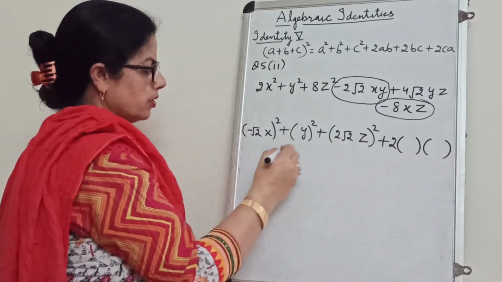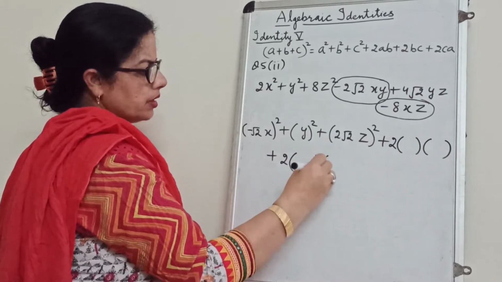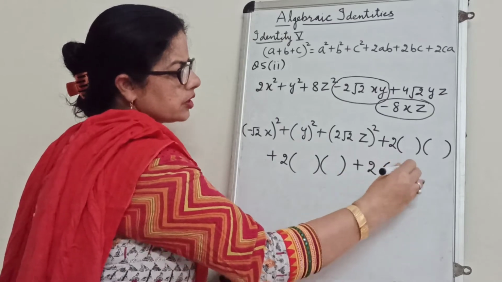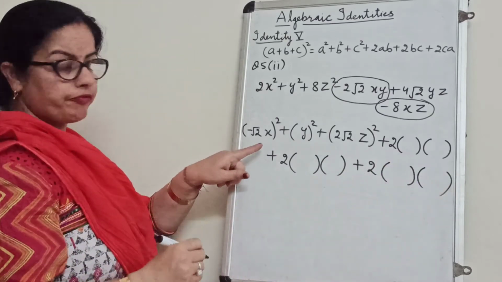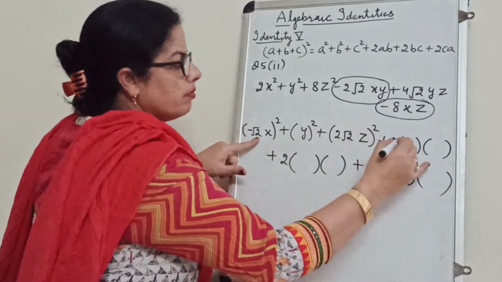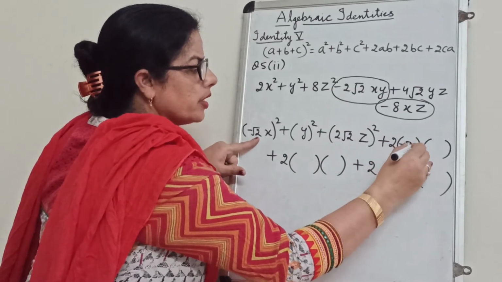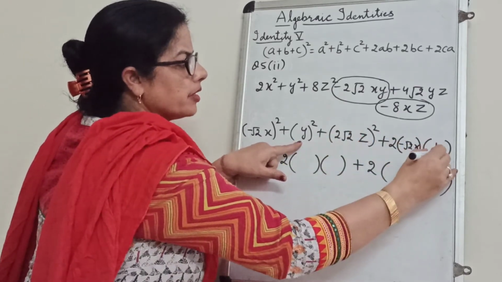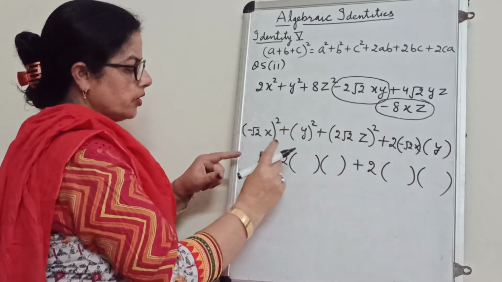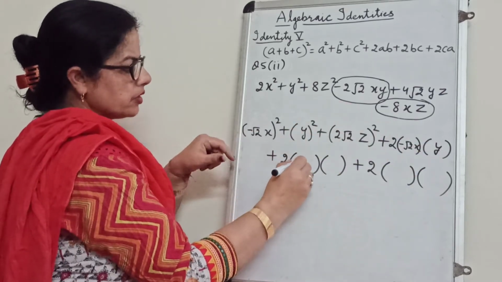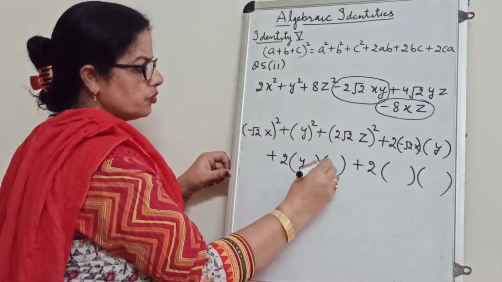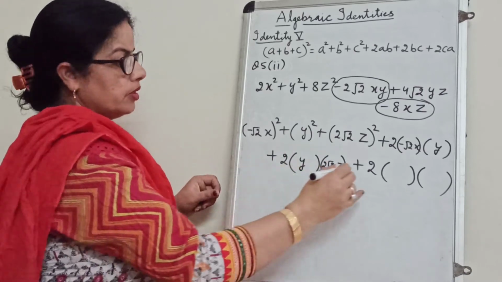2ab plus 2bc plus 2ca. Now fill in the values. What is a? Minus root 2x. b is y. C is 2 root 2 z.